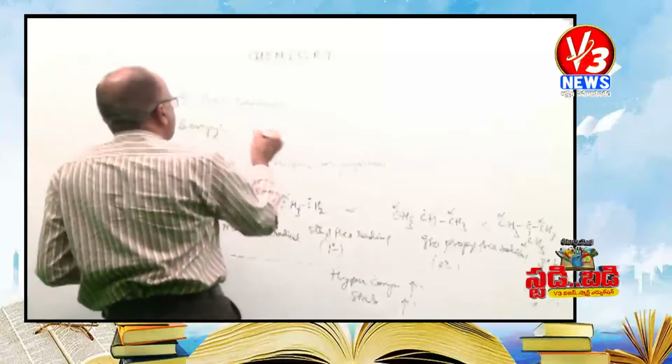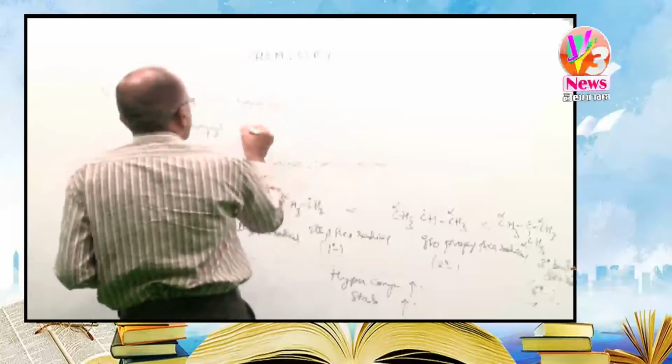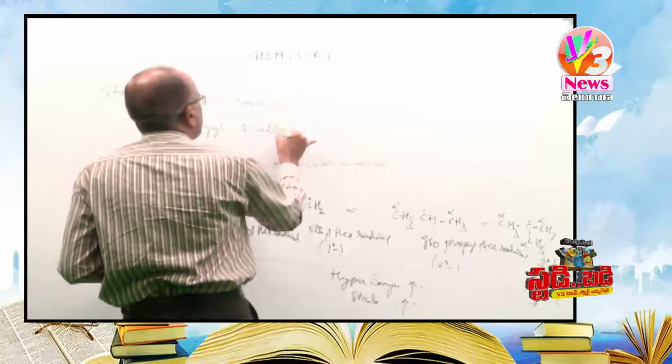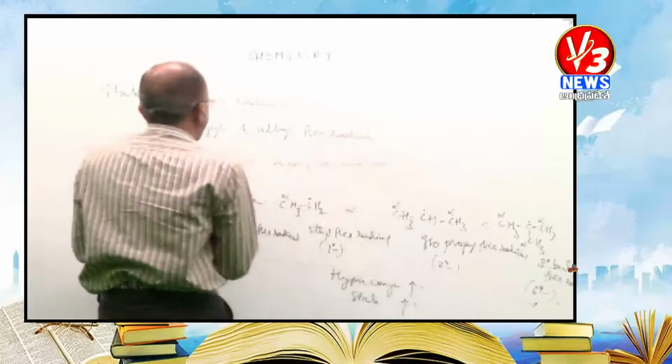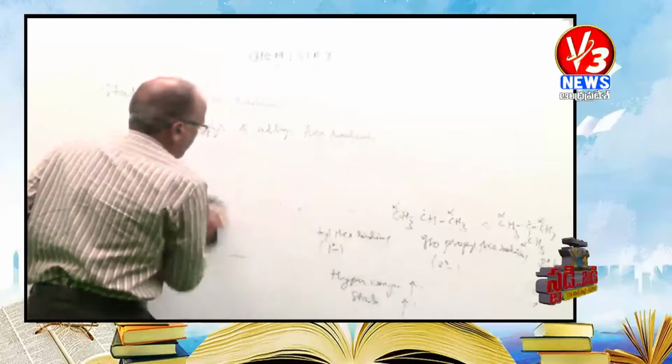Now coming to the stability of benzyl and allyl free radicals. The stability of these free radicals depends on resonance. Benzyl and allyl free radicals. Stability is directly proportional to resonance.